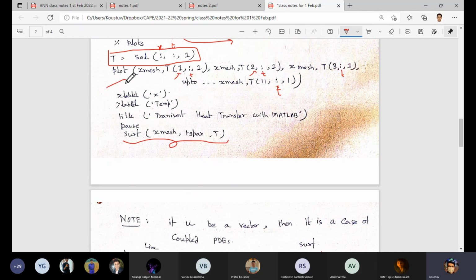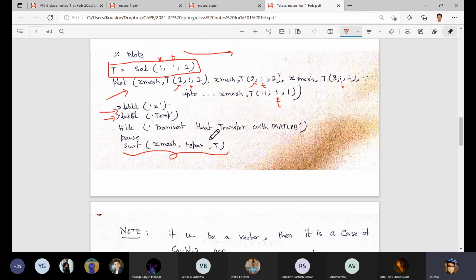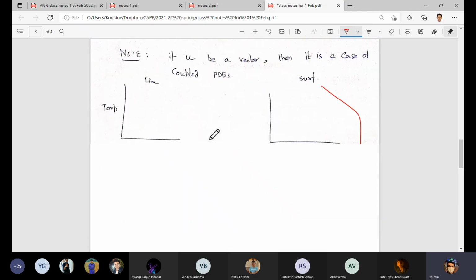This plot line itself will give us the line plot, and we have written the X label, X, and the Y label, temperature. So for different grid points, we will get the temperature distribution as a line plot, basically this kind of 2D plot.